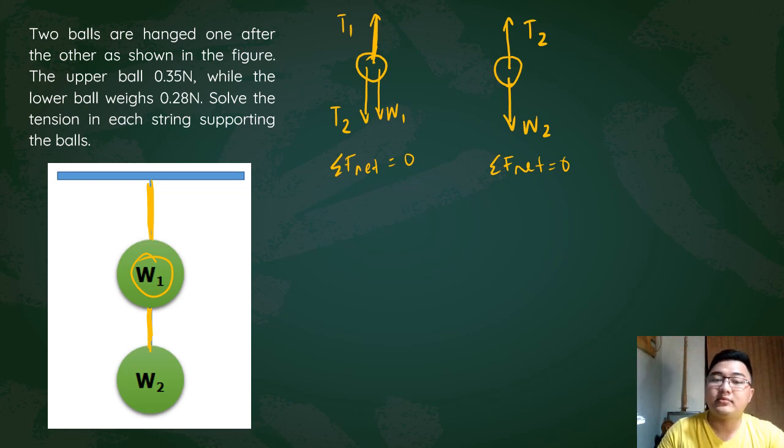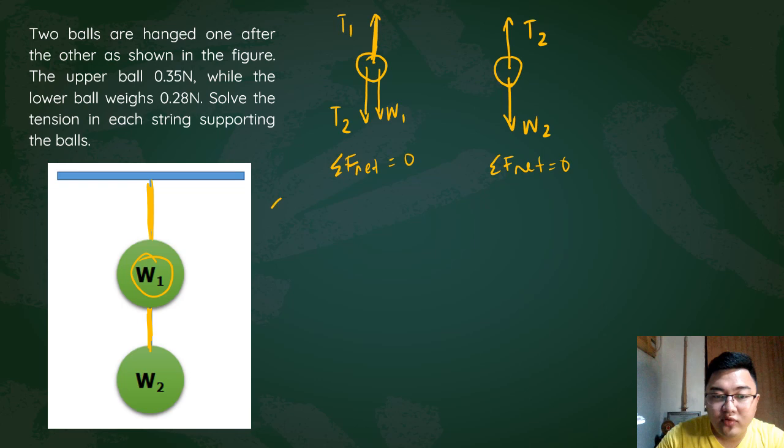Remember that the net force is the sum of all the forces acting on an object. Our example is simple because the forces are just in one dimension, all in the y-axis.